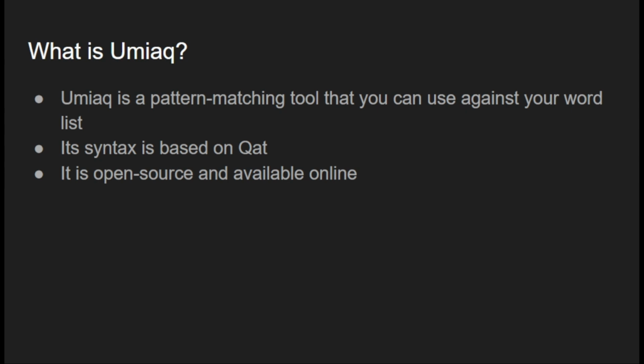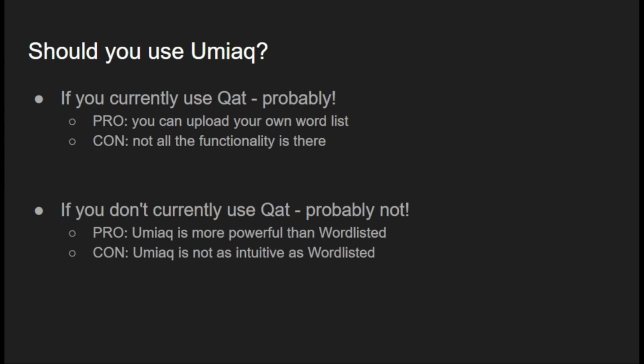So let's talk specifically about whether you should use Umiaq. The short version is this. If you are currently a cat user, then you should probably switch to Umiaq. The big pro of Umiaq is that you can upload your own word list. Cat makes you choose from a selection of 5 word lists, which is pretty good, and they have Peter Broda's word list as one of them.